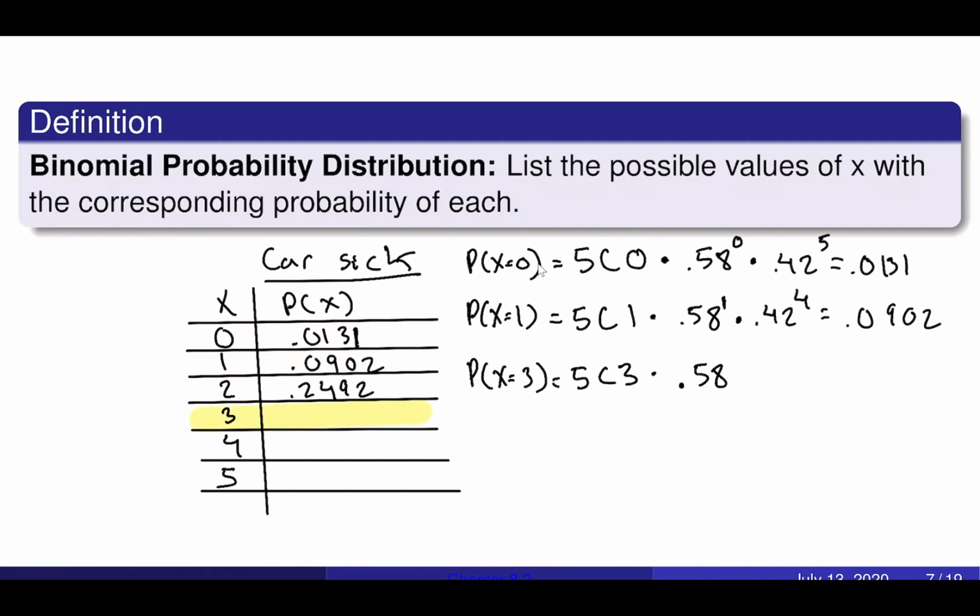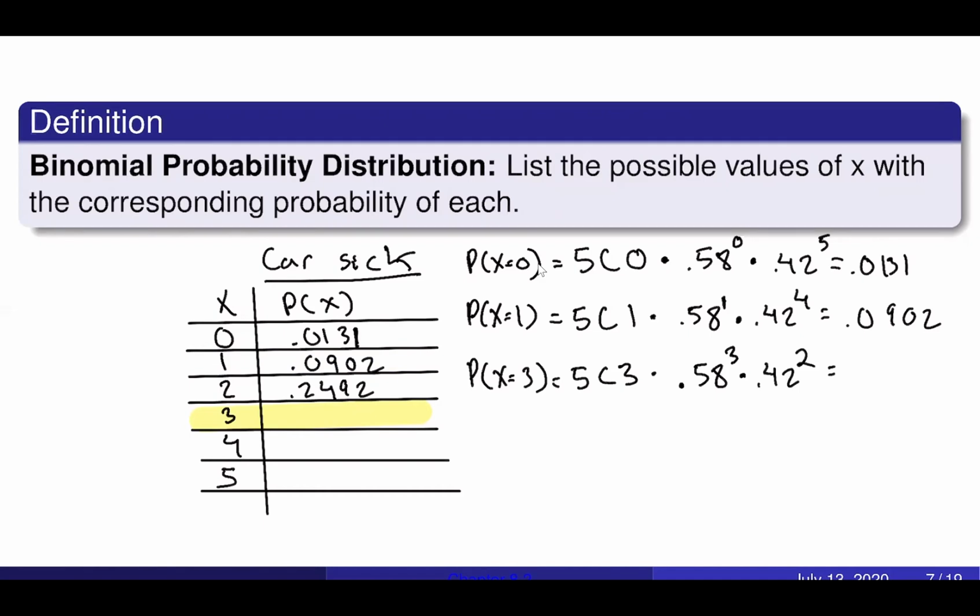And which power should I do the 0.58 to? 3. Yeah, 3. And you multiply this by 0.42. So remember, if I want 3 successes, that means I'm going to want 2 failures because they have to add up to 5. So we're going to do 0.42 to the 2nd power.